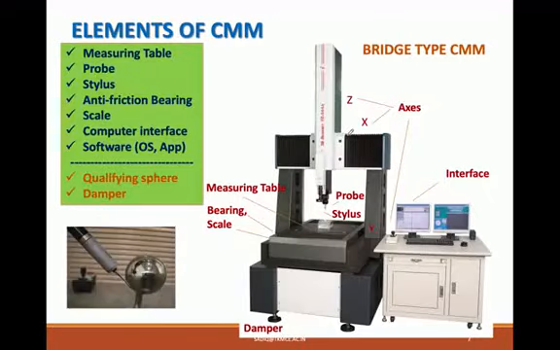Now let us focus more on the features and elements of a CMM. I have told you that there are elements like the measuring table, probe, stylus, etc. I have told you that a damper is also needed in order to avoid vibration transferring from the ground to the CMM. There is one more element I would like to specify, called the qualifying sphere.